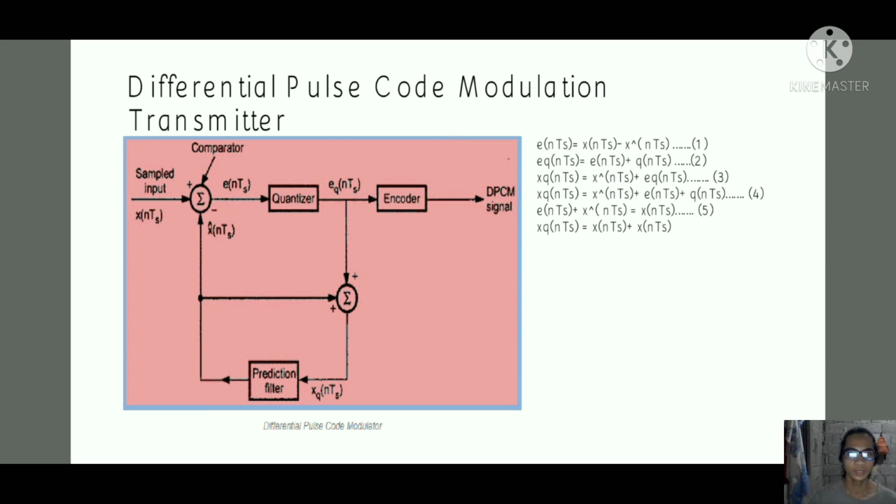Therefore, the quantized version of the signal x_q of nTs is the sum of the original sample value and the quantization error q of nTs. The quantization error can be positive or negative, so the output of the prediction filter does not depend on its characteristic.